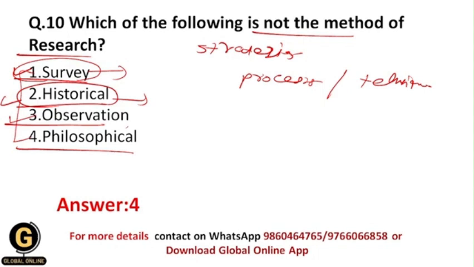And observation is the most used data collection method in different kinds of research types, right? Within observation, the researcher can use strategies or techniques such as participant observation, and non-participant observation is another strategy. Okay, and that's why all of these are methods of research, but philosophical is not a method of research, and that's why your correct answer should be 4.